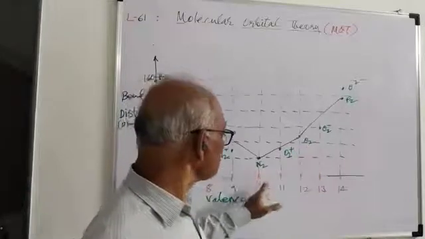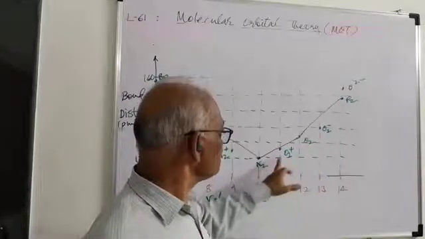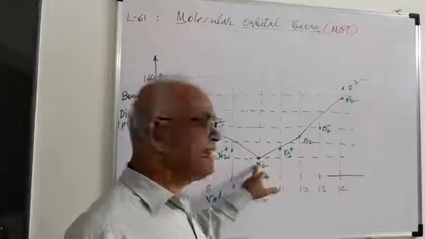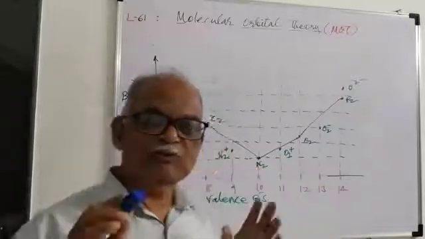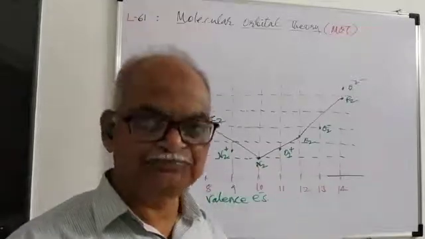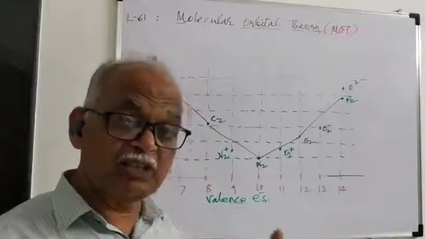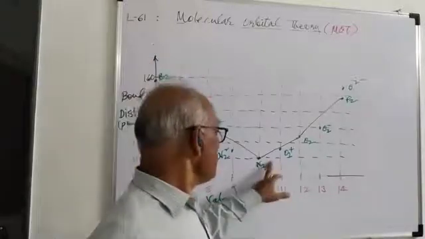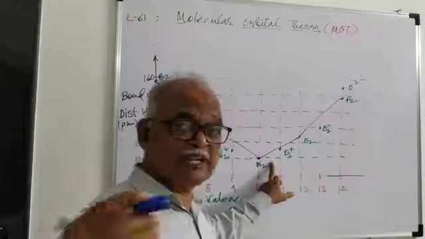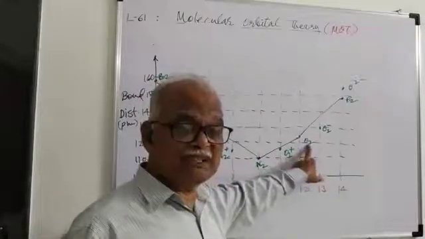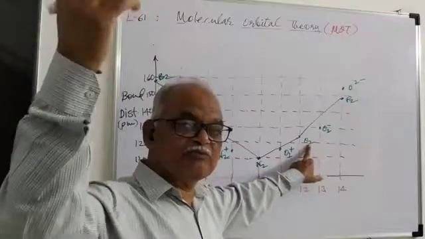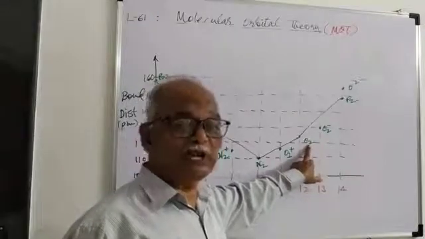And as we move from N2 ahead, in case of nitrogen all the bonding molecular orbitals are full with in all 6 electrons. Since there is no place for any more electron when we are considering O2, the electron moves into the antibonding molecular orbital.